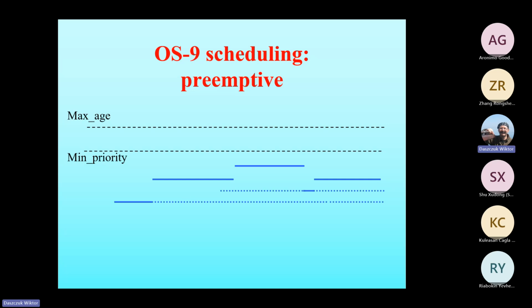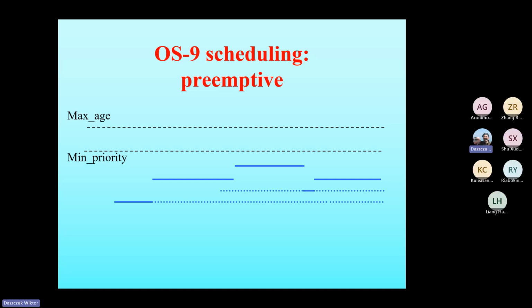The same occurs here. The process that currently works is preempted from the processor, and a process with higher priority starts to use the processor. So it is a preemptive strategy. And depending on conditions, we can place our processes in one of those three areas: in aging here, in preemptive here, or non-preemptive here.